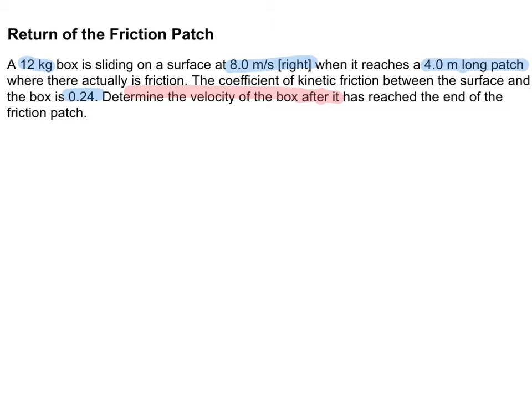So the situation is kind of the same. You have the box and it's going, V1 is 8. It's going to run into some friction. We'll just say it's around here.